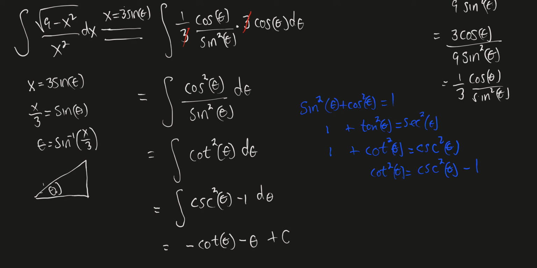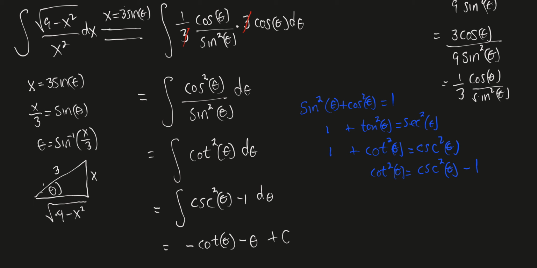If that's my theta, sine is opposite over hypotenuse, so the hypotenuse would have a length of 3, the opposite would have a length of x, and then the adjacent would have a length of the radical. It's not a surprise that this is the exact same radical that was in our original problem: the square root of 9 minus x squared.